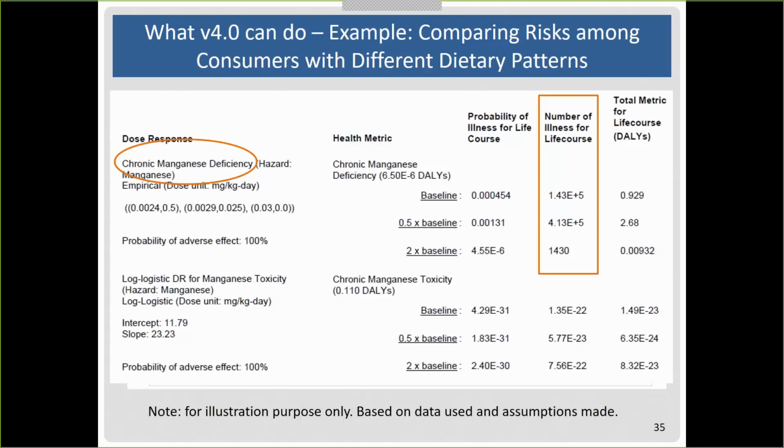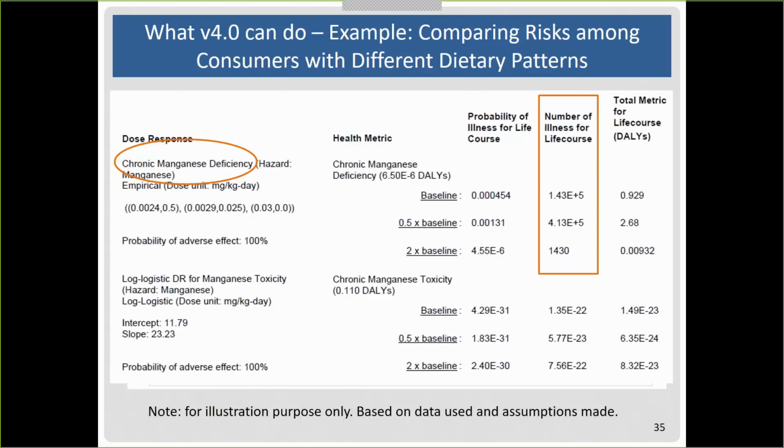Now, the baseline here is a deficiency situation with predicted 143,000 cases in the population. Over a lifetime, when people eat half the baseline, a greater number of cases is predicted. In contrast, when people eat 2 times the baseline fruits and vegetables, a much lower number of cases is predicted. And so that's how it works.